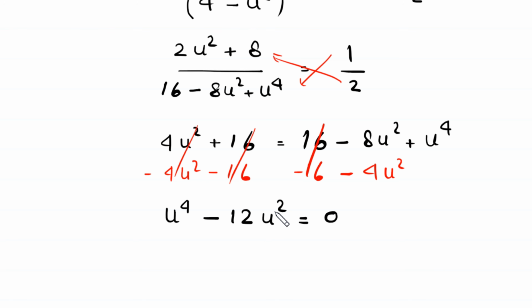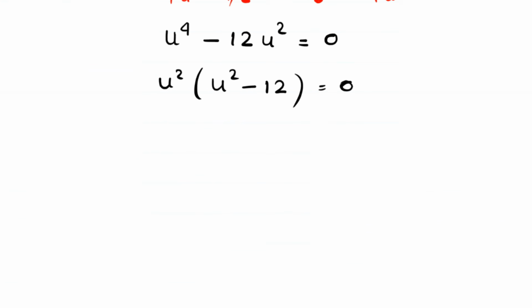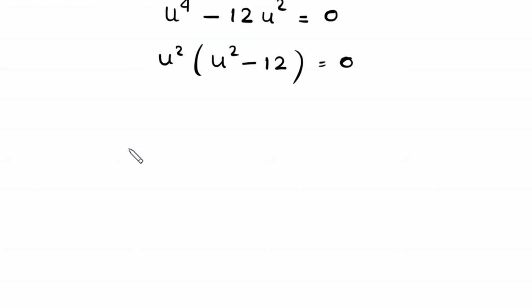We can factor out u squared as common factor, in bracket left u squared minus 12 equal to 0. And from here either this expression u squared is equal to 0, or this expression u squared minus 12 equal to 0.